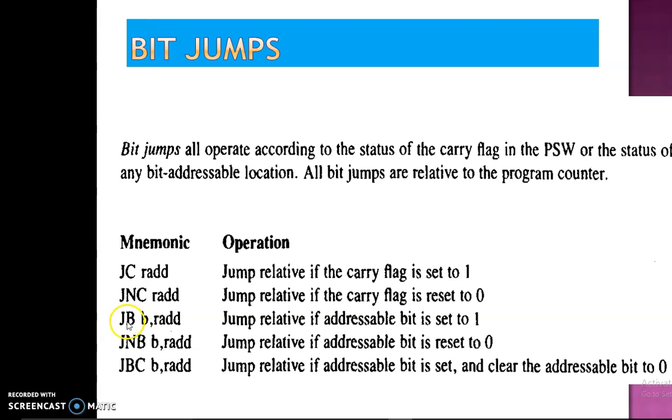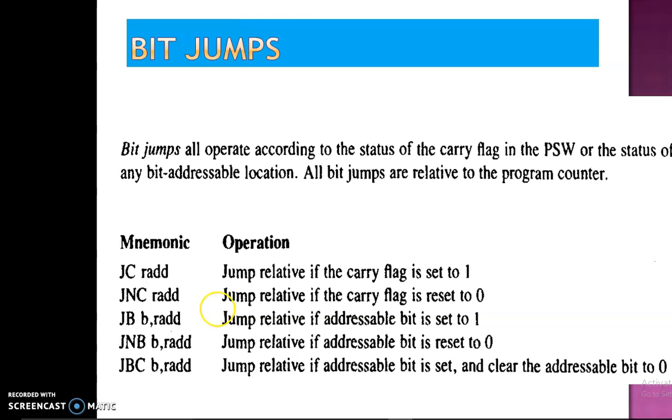Then JB, jump on bit. Here you are using small b. That small b is nothing but we can use the 20H byte to 2FH byte of the internal RAM memory, that is bit addressable memory.